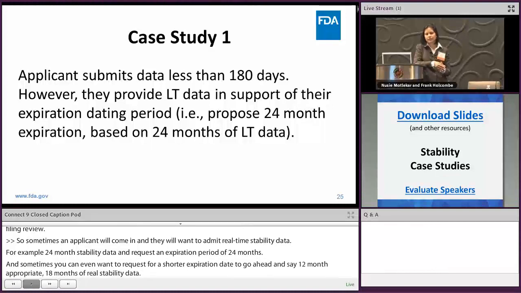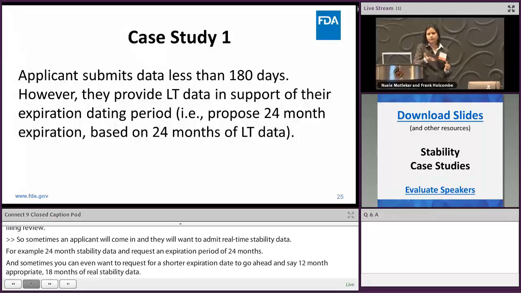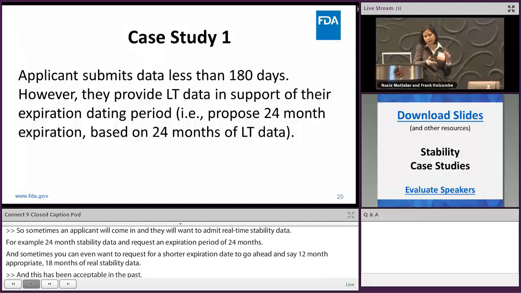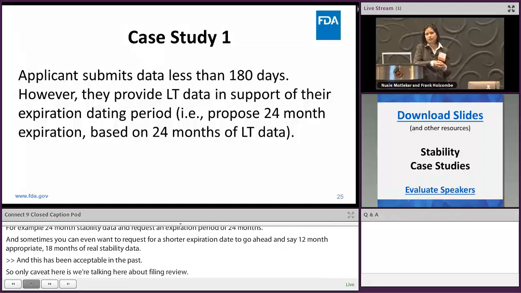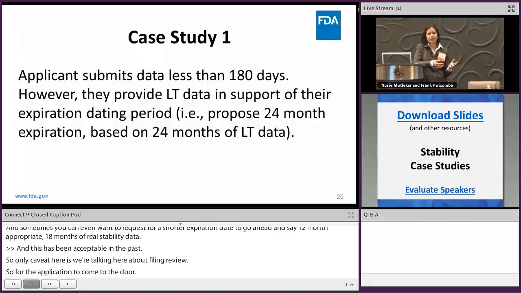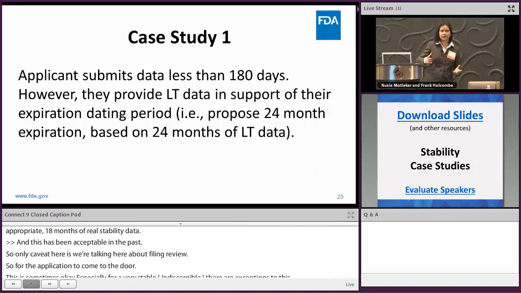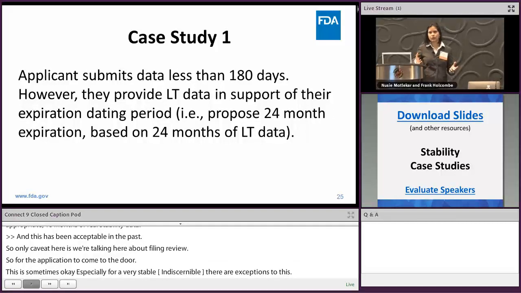The only caveat here is that we're talking about filing review. So for the application to come in the door, this is sometimes okay, especially for a very stable solid oral dosage form. There are exceptions to this. For a liquid that has to be stored under refrigerated conditions, we want to see the short-term excursions, and we want to see how it performs during shipping and transport.